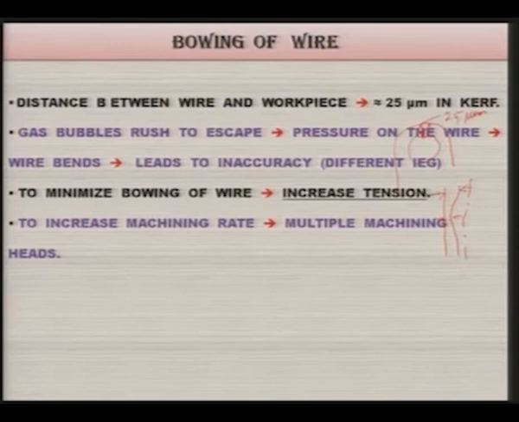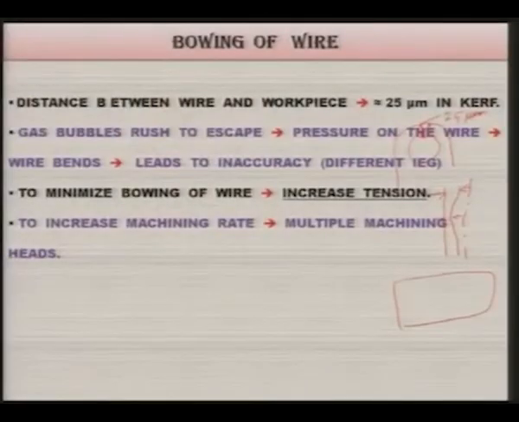Another point is that when we want to increase the machining rate in wire EDM, instead of one, you can use multiple machining heads. Suppose you are cutting a workpiece into more than one piece, then you can use different machining heads, cutting at all 3 heads at the same time.